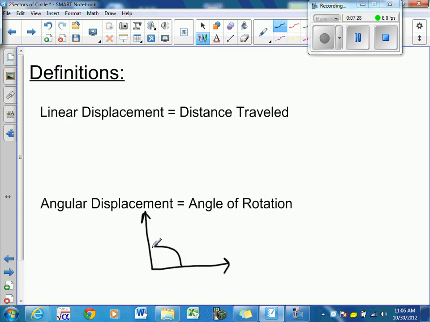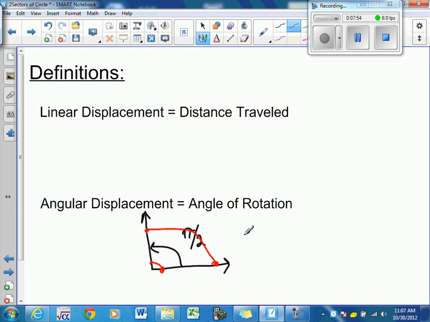How far you spun, so to speak. It wouldn't make a difference if you were here and you went to there, or if you went from here and you went to there. Our angular displacement would be the same. The linear displacement would be different. This point at point 1 is going a shorter distance than this point out here at point 2, which is going a longer distance. So that's the difference between the two.